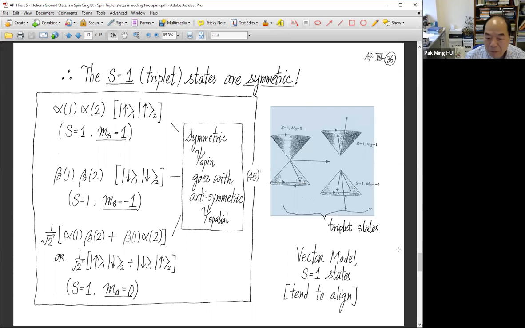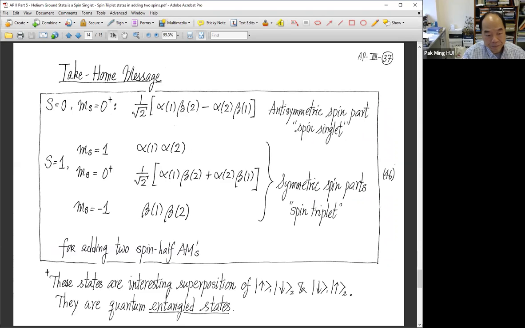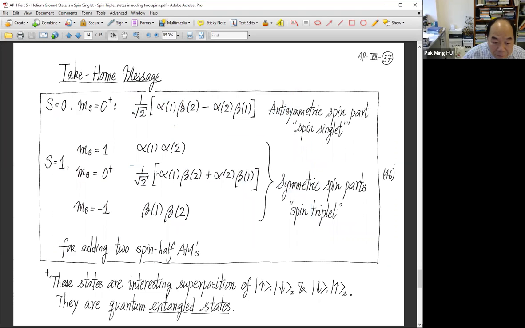Sometimes it's useful, sometimes it's not, but more importantly, you know these 3 combinations. So take home message, 2 spin half, you added up the spin, there is a spin singlet, this combination, you have a spin triplet, these 3 combinations, okay? And if you look at these 2 states, they are very interesting.